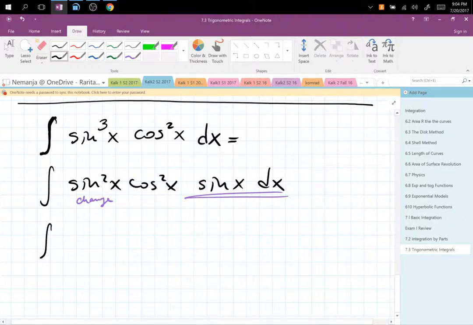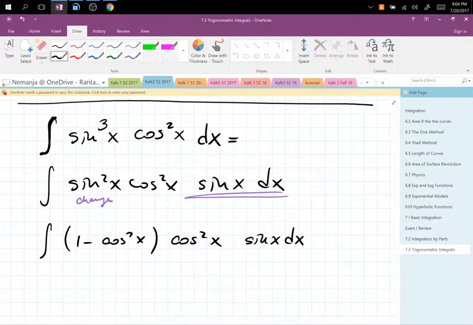So by Pythagorean identity, this becomes 1 minus cosine squared x times cosine squared x times sine x dx, which is the part that I am setting aside for the du part.